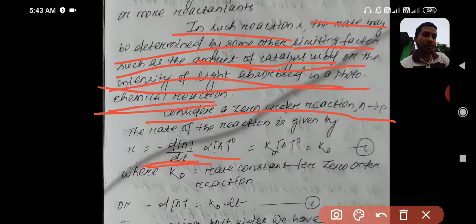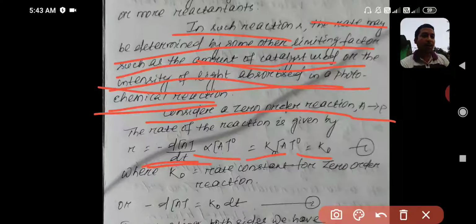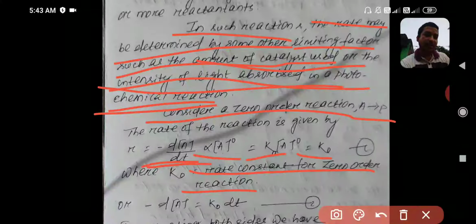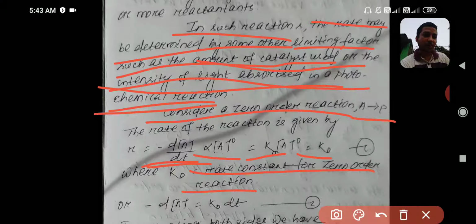If we remove the proportionality sign, we multiply by a proportionality constant k0 into A to the power 0. Anything to the power 0 is equal to 1, so the rate is equal to k0, where k0 is the rate constant for zero order reaction. Got my point? Very good.